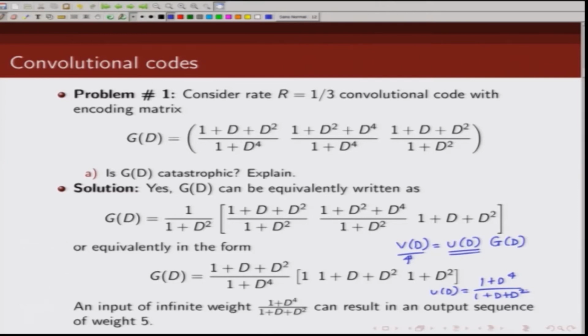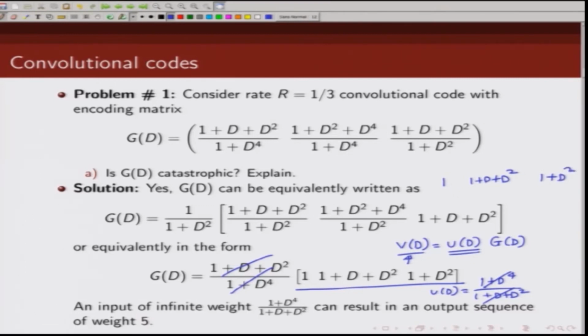If the input is chosen this way, then the output will be U(D) times G(D). So, this term will cancel these terms, and what you will be left with is this. So, your V(D) would be 1 plus d square and 1 plus d square.